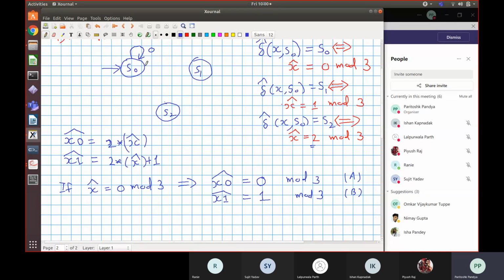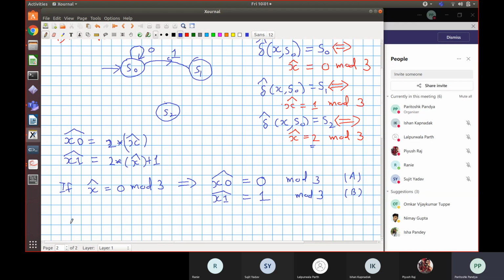If I'm in S0, that means the remainder of the bits I've seen so far is 0, and then I get a digit 1 after that, I will go to state S1. And that is by this property B.